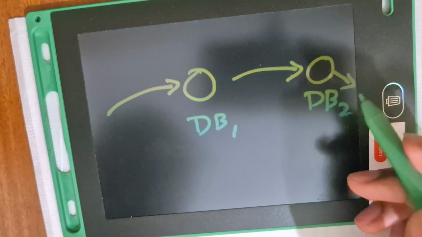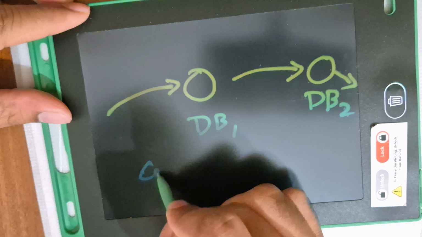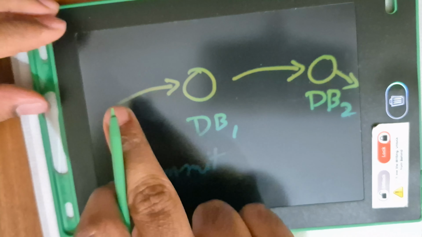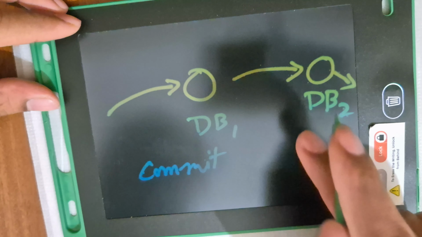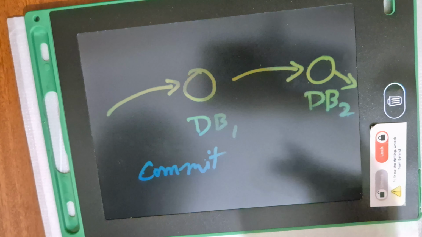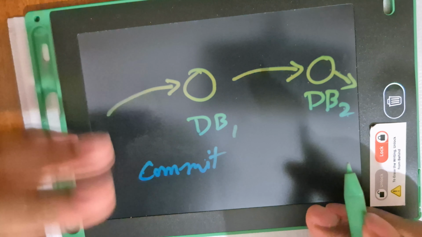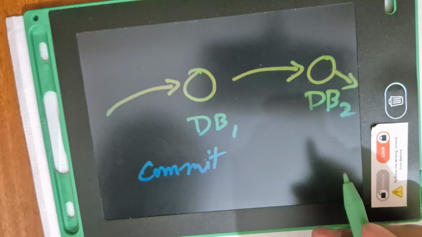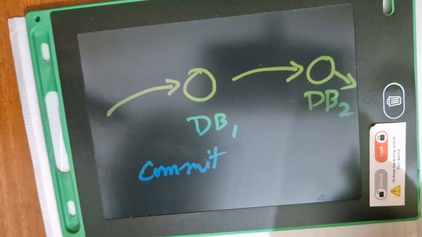So commit means that we won't write in this DB until both changes are done. Only then will we make it permanent, or else we will just keep it in memory until the whole thing has passed. Let me give you some examples, and then we can understand it better.